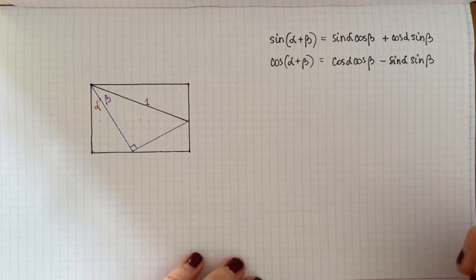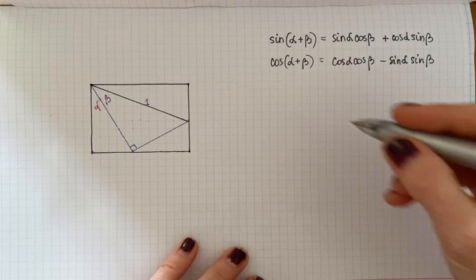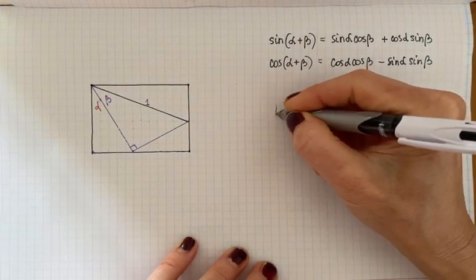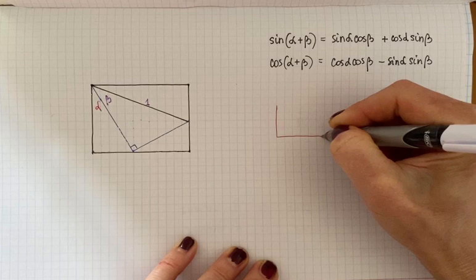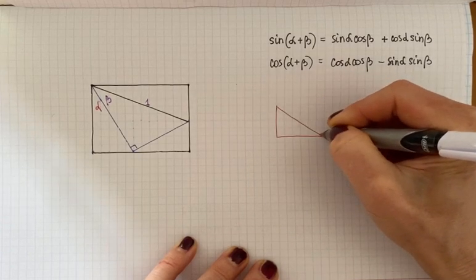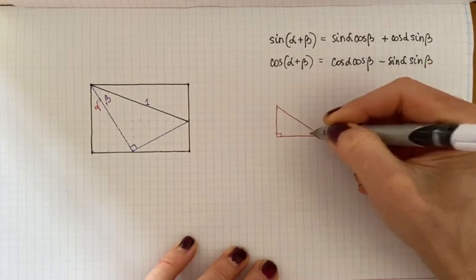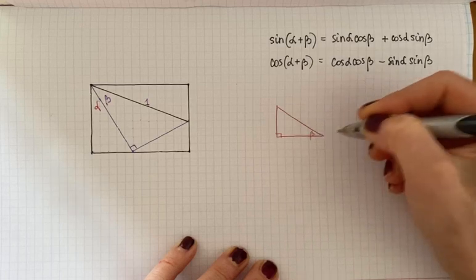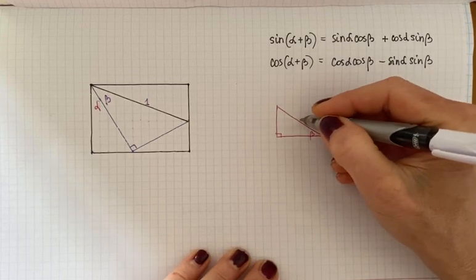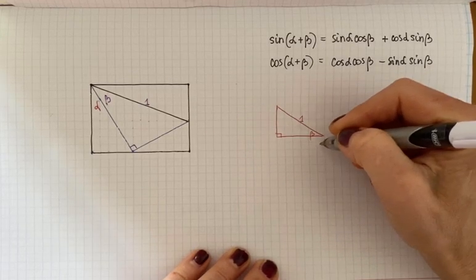So let's just have a look at that triangle with beta. Let me just redraw it for you so there's no confusion. If that's my triangle, I flipped it, and so beta is here, right? And the hypotenuse is equal to 1.